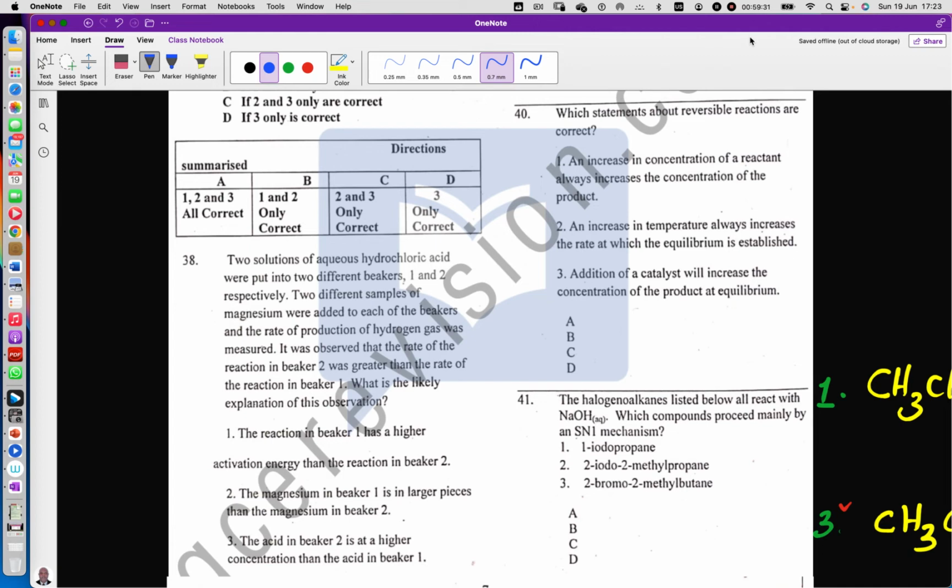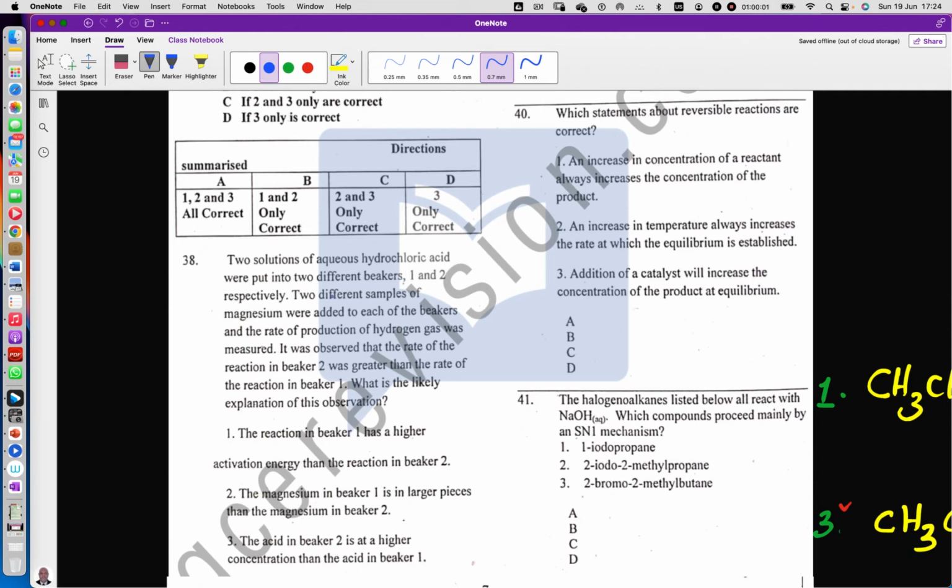When we put magnesium ribbon of the same mass into the 2, if there's a change in the reaction, there's one thing: the concentration of the acid has increased. Where the rate of reaction increases, it means the concentration of the dilute acid in that beaker was higher. So in that case, let's see our answers.